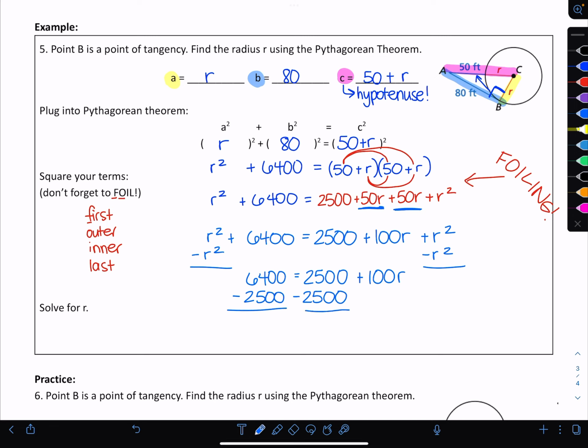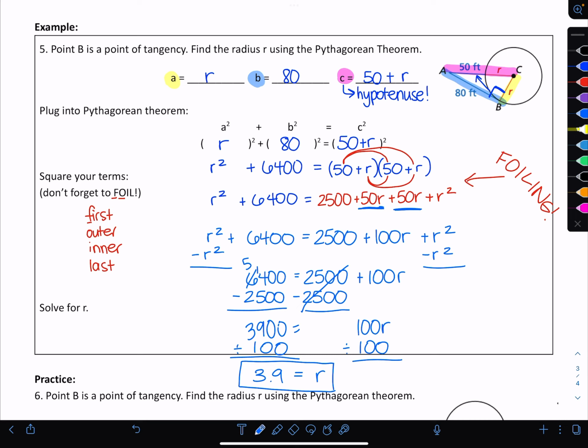This leaves me with 3,900 equals 100R. And our last step is just to divide by 100. I get 3.9 equals R.